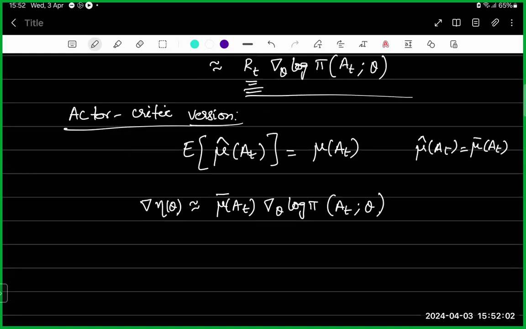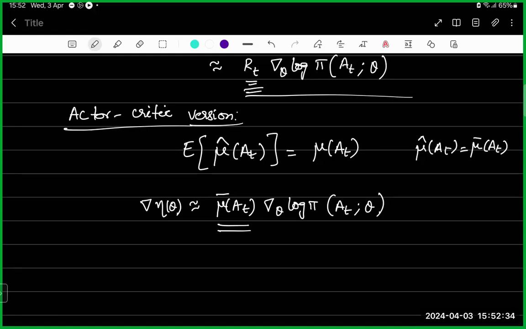So why is this called actor-critic? Do you remember? This mu bar of AT is telling us how good a particular action is. So what is the expected reward for taking an action A? That is like a critic, which is telling you how good the value of that particular action is.